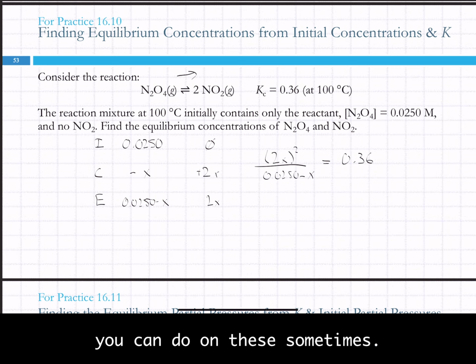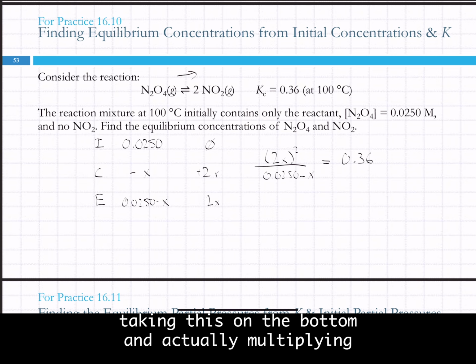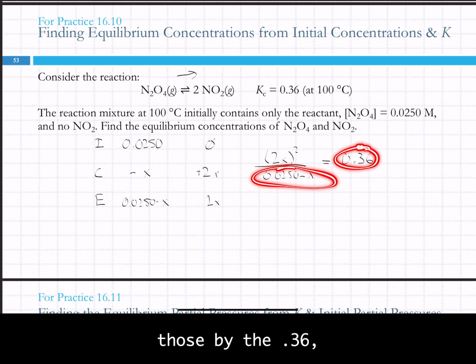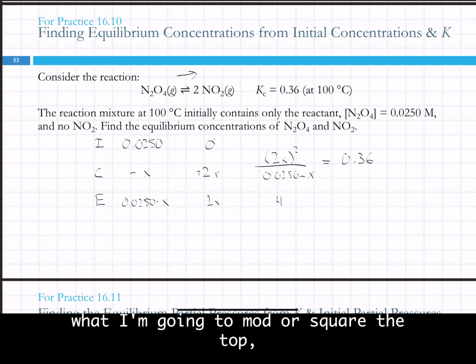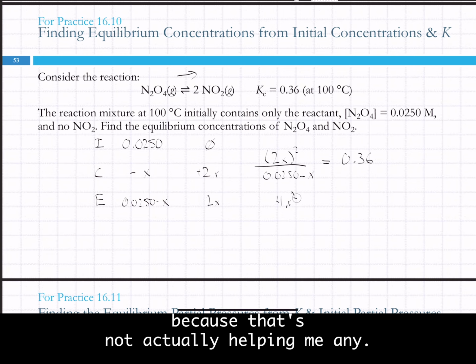One of the things you can do on these sometimes is instead of actually taking this on the bottom and multiplying those by the 0.36, I'm going to square the top because that's not actually helping me any.